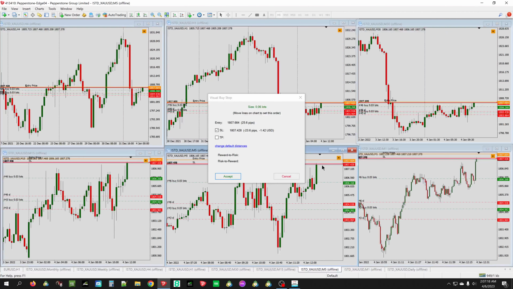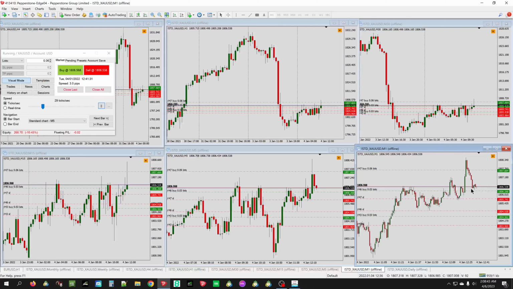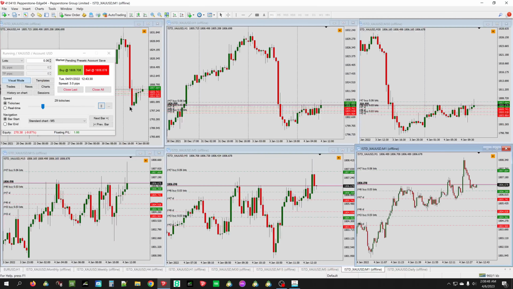Alright, M5 candle has closed bearish. Still we are respecting this structure in M1. We shouldn't break below this area for this bias to work out. If that happens, I will take my stop loss. Yeah, we are breaking below that area.